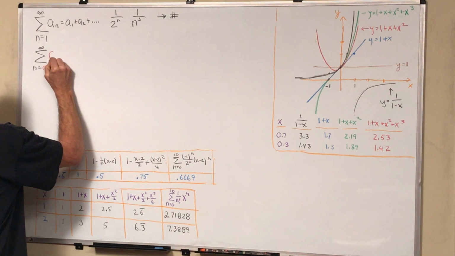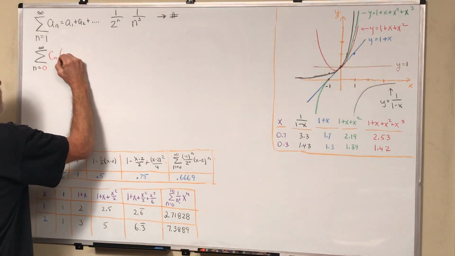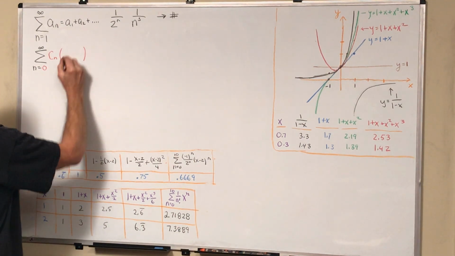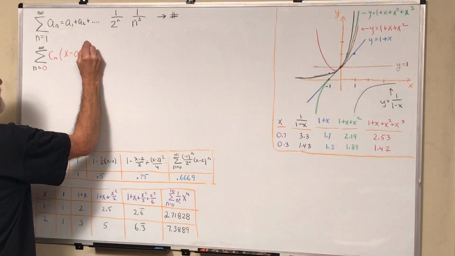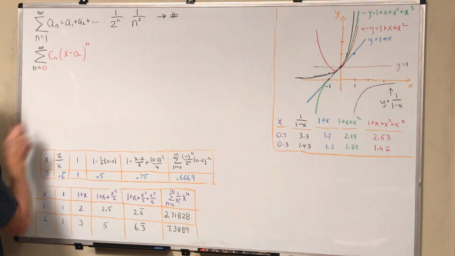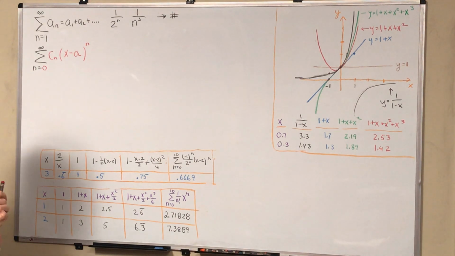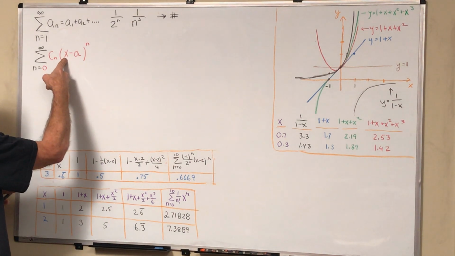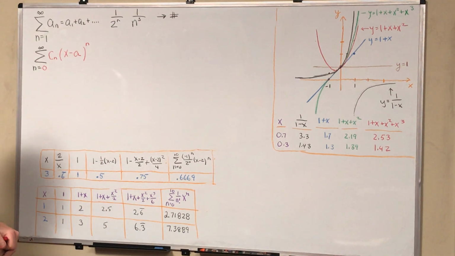I'm going to call it c sub n, but it represents the same thing. And then, what's really new, we're going to add x minus a to the n. And that's why I'm calling this c sub n and not a sub n, so you just don't get mixed up with that a. So x is a variable, a is a constant.